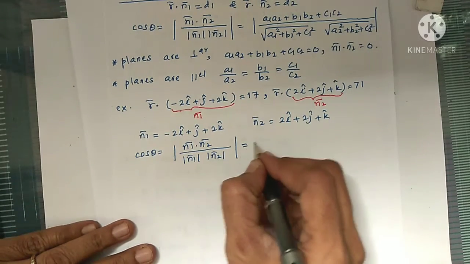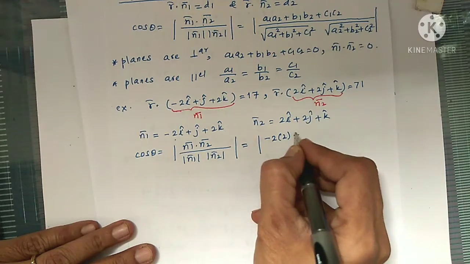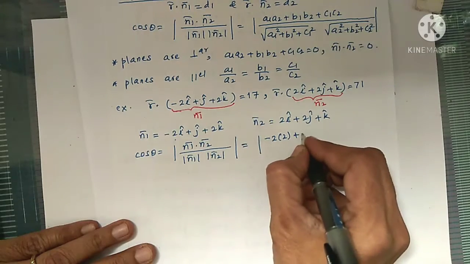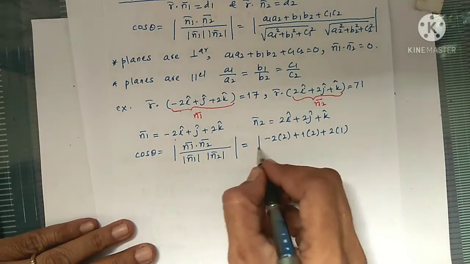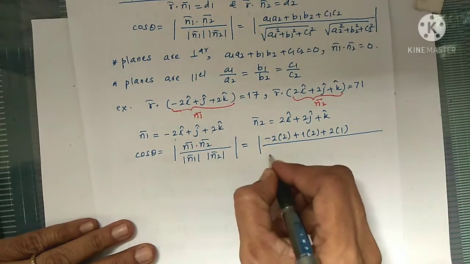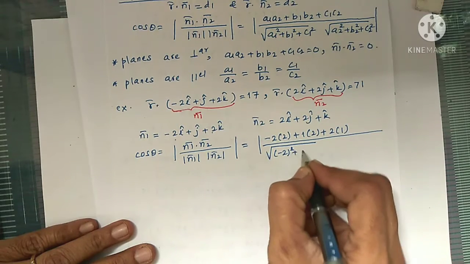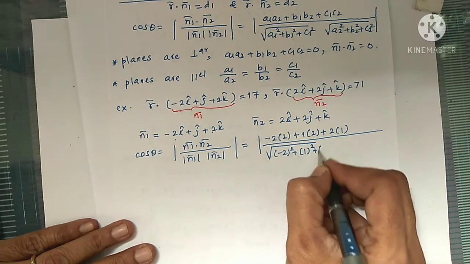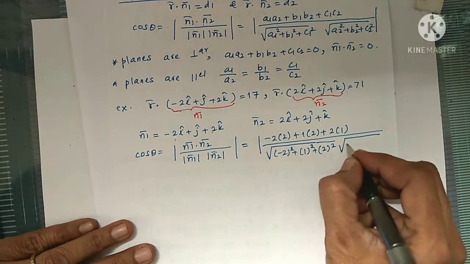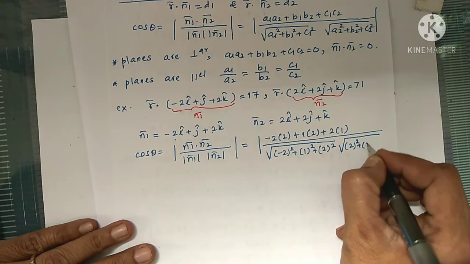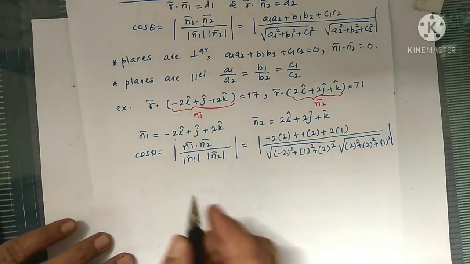So this dot product becomes minus 2 into 2, then 1 into 2, and 2 into 1, divided by root of minus 2 square plus 1 square plus 2 square, times root of 2 square plus 2 square plus 1 square.